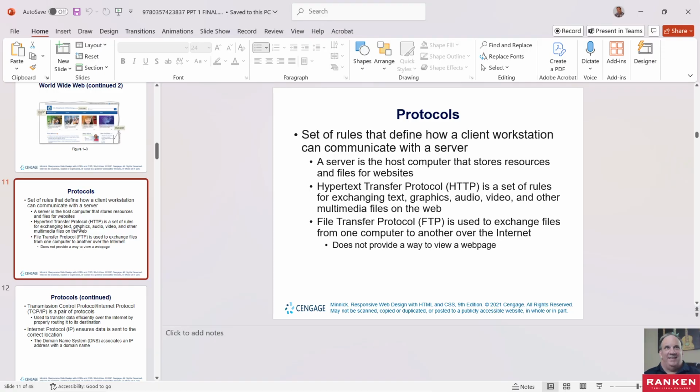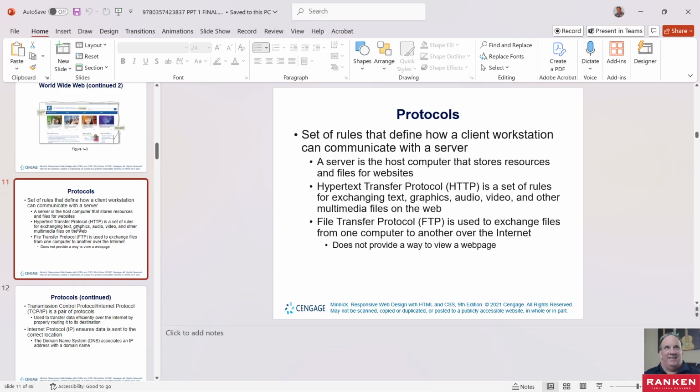But the hypertext transfer protocol, called HTTP, is a set of rules for exchanging text, graphics, audio, video, and other multimedia files on the web. The file transfer protocol is used to exchange files from one computer to another over the internet. Okay?